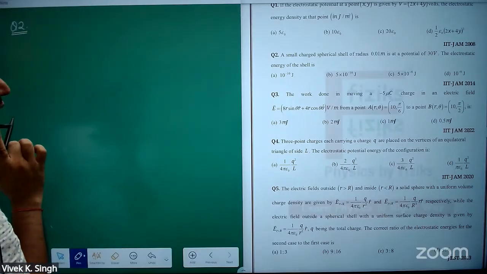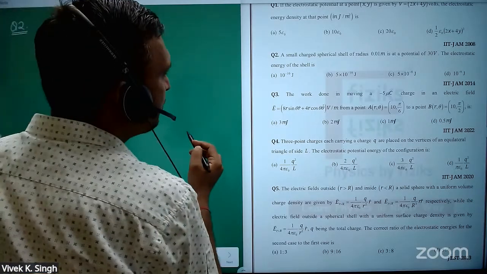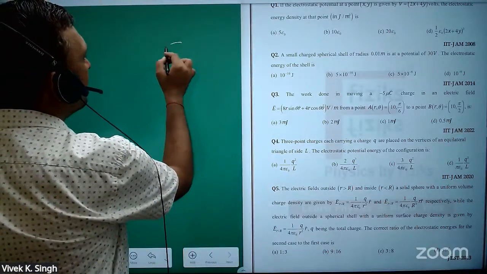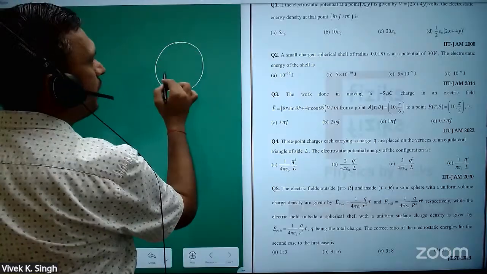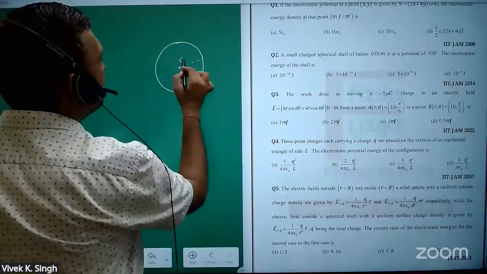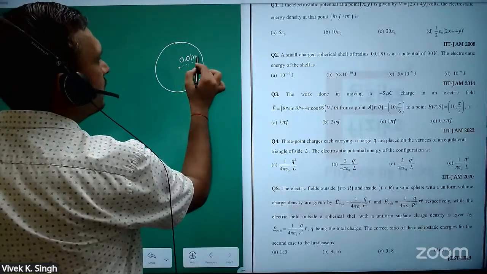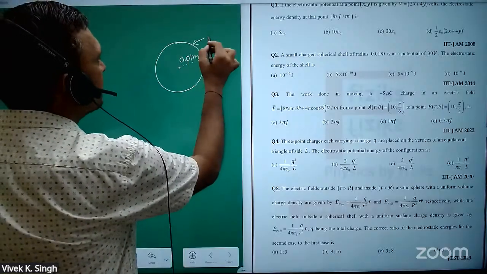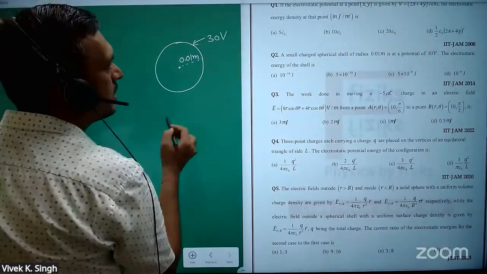So you have a small charged spherical shell of radius 0.01 meter, at a potential of 30 volt. This potential is given.